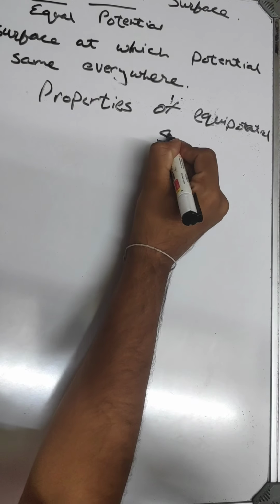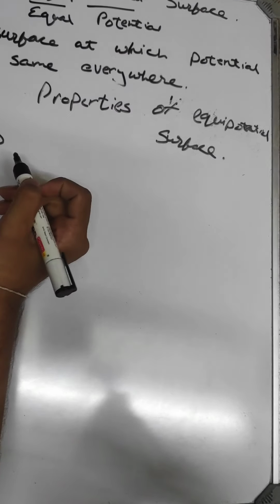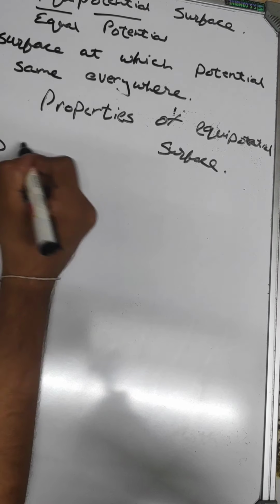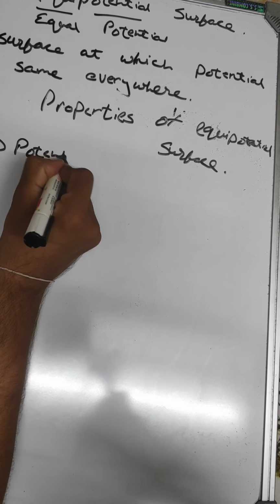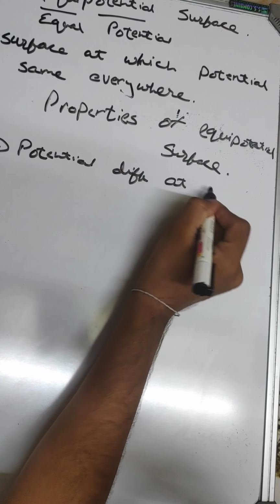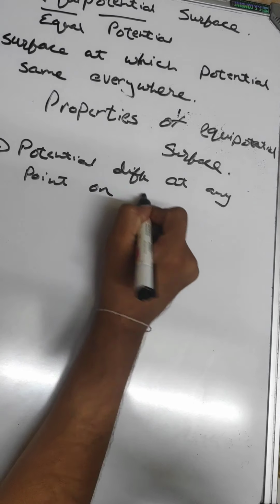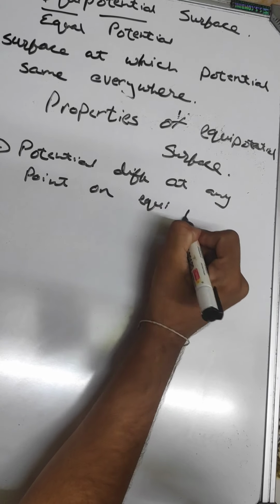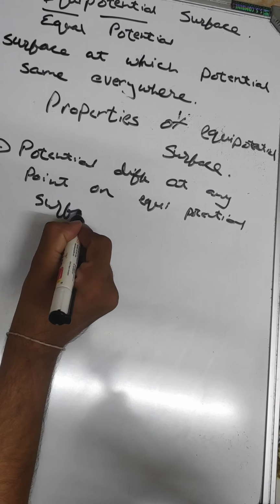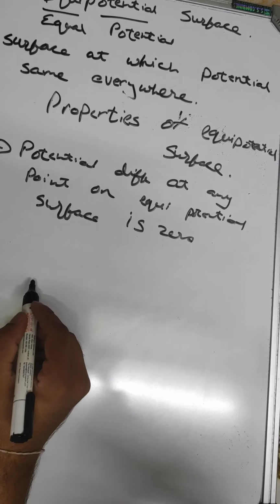First property: the potential difference between any two points on an equipotential surface is 0. Why? Because of the definition.